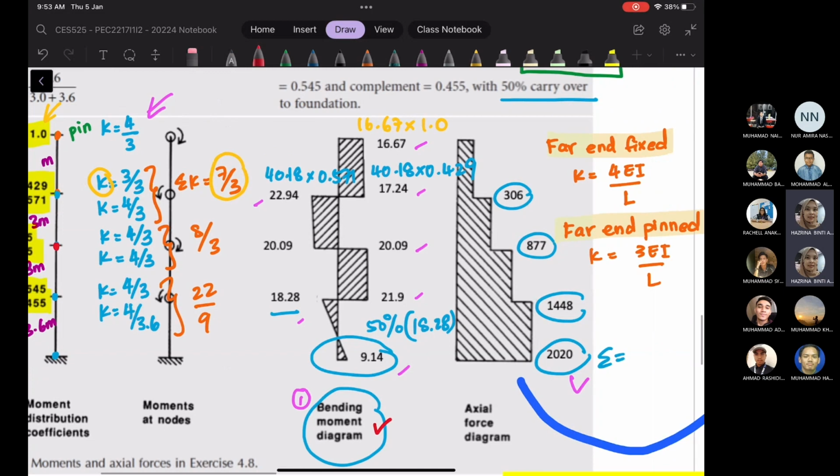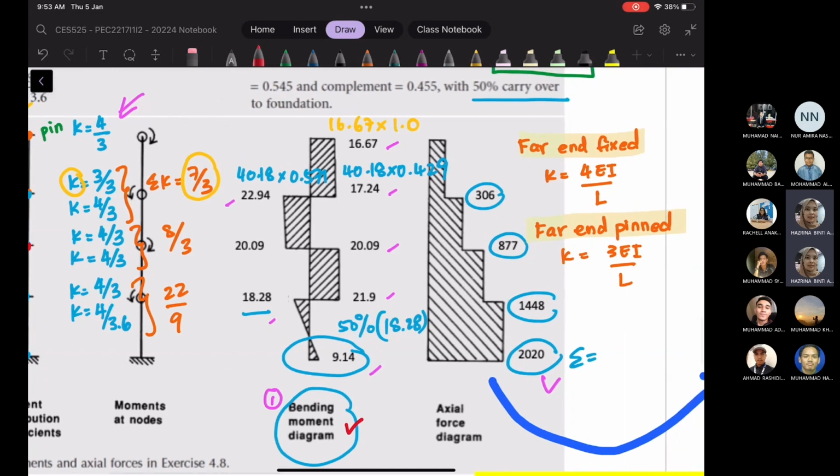Then the next one, on the right, is the axial force diagram. From the top, basically it will go top down. The top one will have lesser loadings in comparison to the cumulative loading at the bottom of the column, so it will add up.